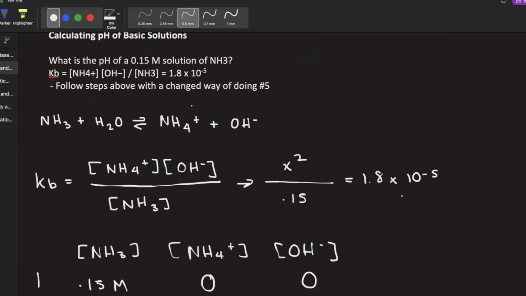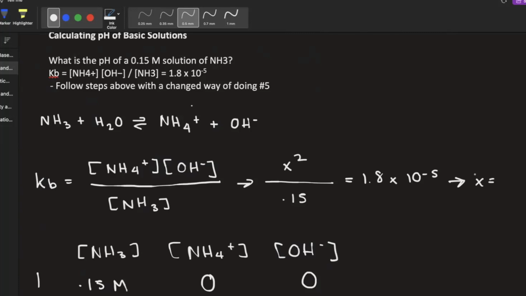Okay. Now we're going to go ahead and solve for X. I'm just going to do that really quickly. So we're going to take 1.8 times 10 to the negative fifth and multiply that by 0.15, which gives us 2.7 times 10 to the negative 6.